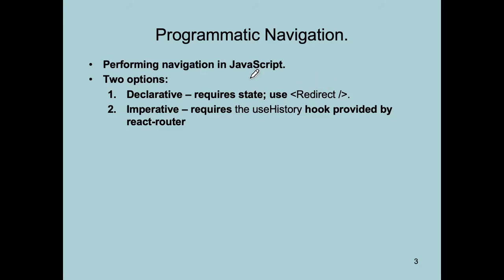That's the declarative approach. With the imperative approach, there's a hook that comes with the React Router library called the useHistory hook. And that essentially gives us access to a method which allows us to effectively change the URL that is in the browser's address bar.